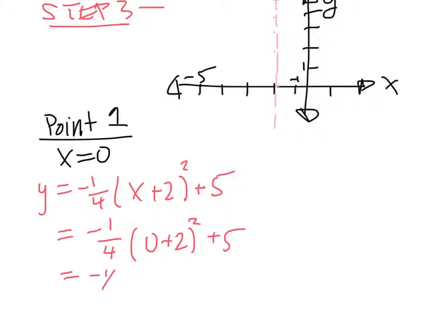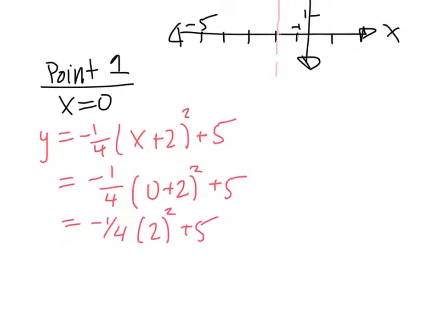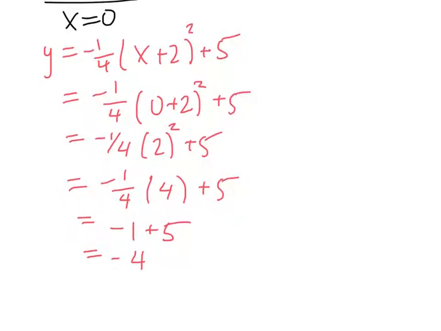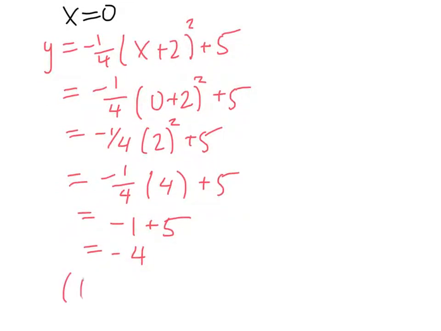Y equals -1/4 times 2 squared plus 5. Keep simplifying it. What's 2 squared? 4. -1/4 times 4 is -1, plus 5. Then you get 4. So our point down here is 0, 4.